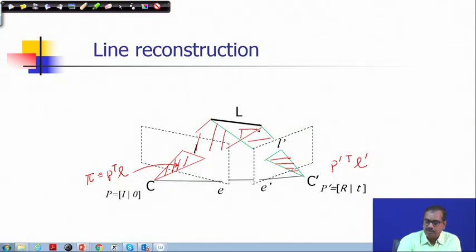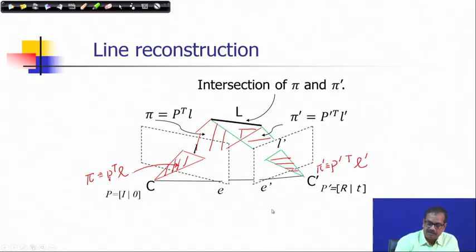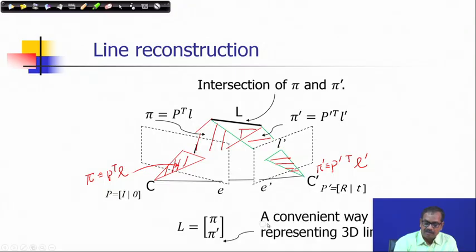So, now you have these two planes, one is pi, another is pi prime. When two planes intersect, they form a line, and that is the solution, that is a 3-dimensional line, and that is exactly what you will get if you compute this intersection. This is what I just mentioned. So, finally, your solution is in this form. This is one convenient way of representing a 3-dimensional line.